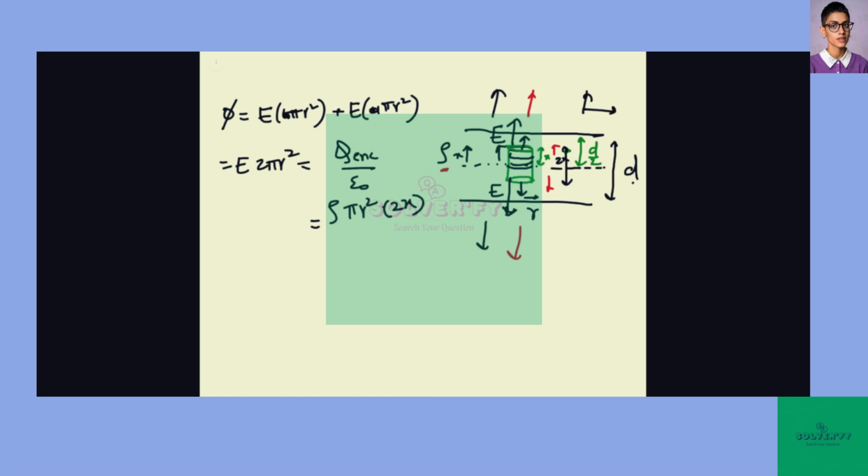So the volume of the cylinder is area times the length of the cylinder, and the charge enclosed over epsilon naught must be equal to 2 pi r square E. Hence, from this, we can see that E is equal to, we'll cancel off a few similar terms, given r square, giving us E is equal to rho x by epsilon naught, as long as x is less than d by 2.